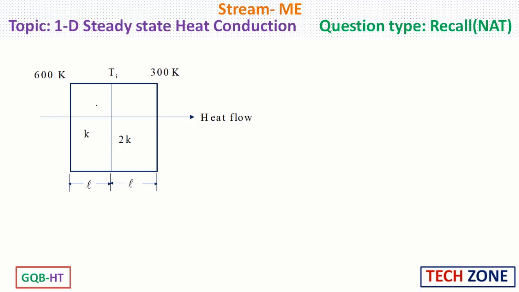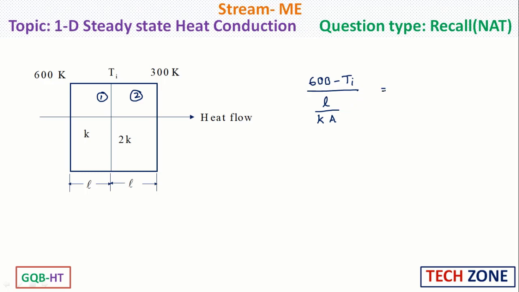So therefore, we can take heat transfer in the first section as 600 minus Ti divided by L by K into area.